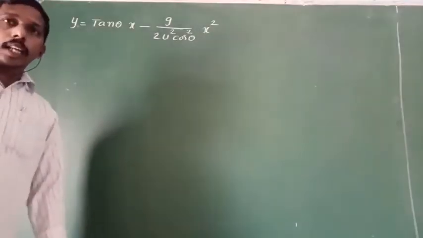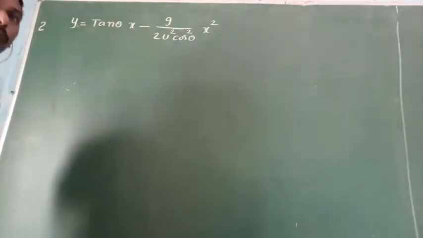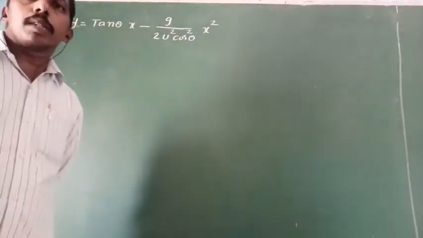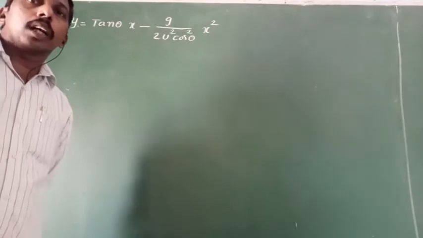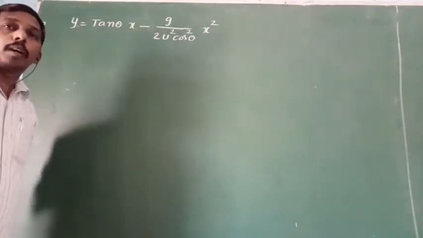If tan theta is taken as a and g by 2u square cos square theta is taken as b, then we got y is equal to ax minus bx square. So from this equation we said the path of a projectile is a parabola.